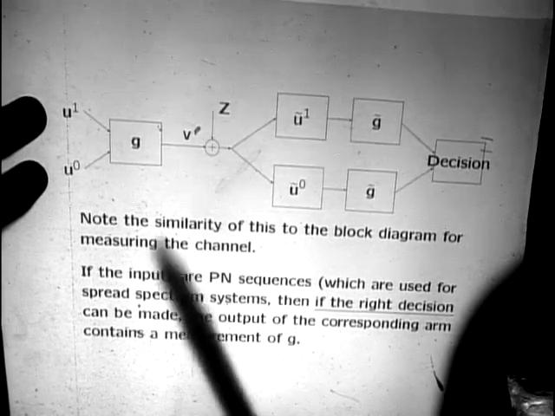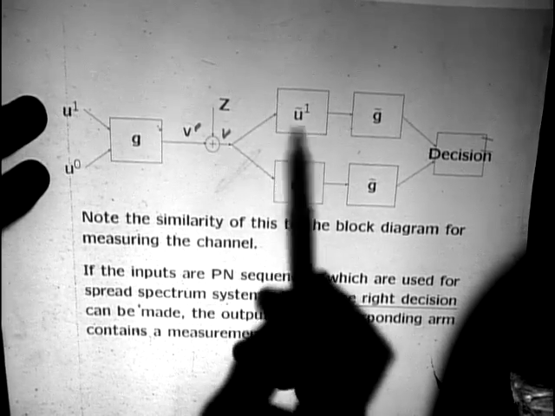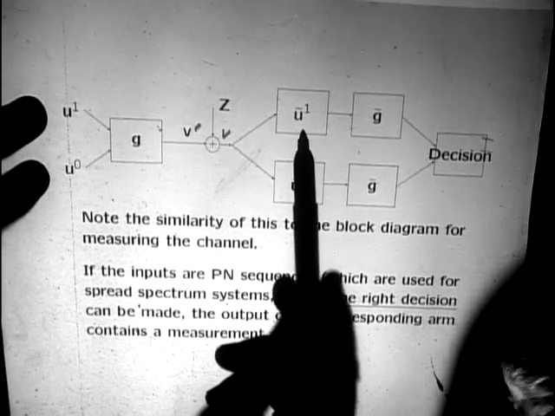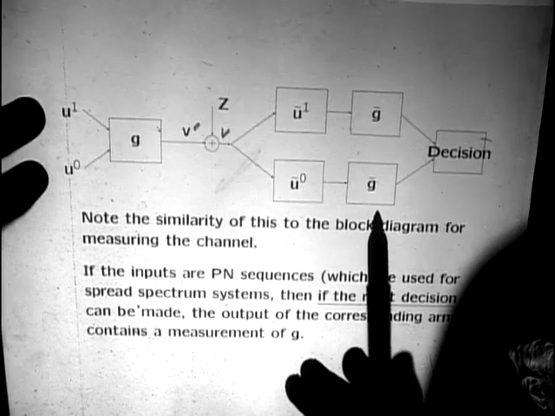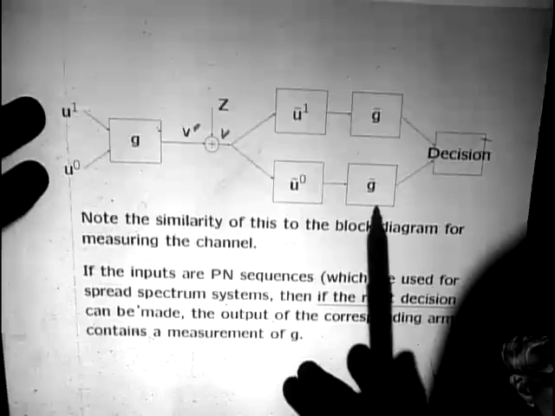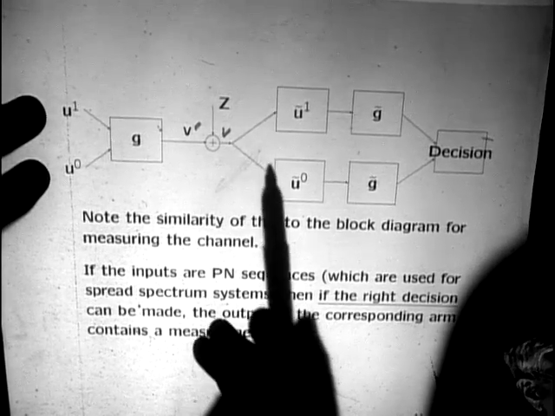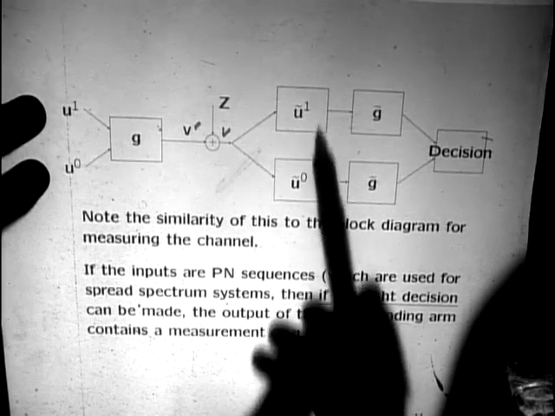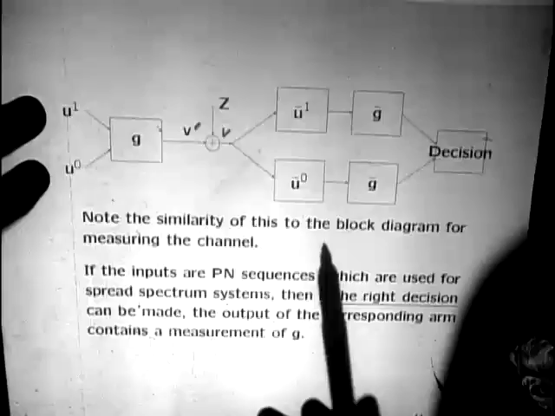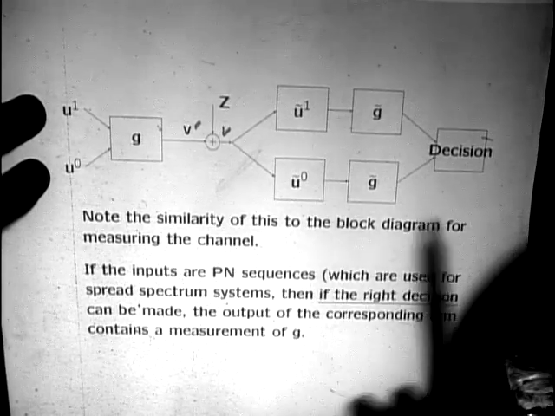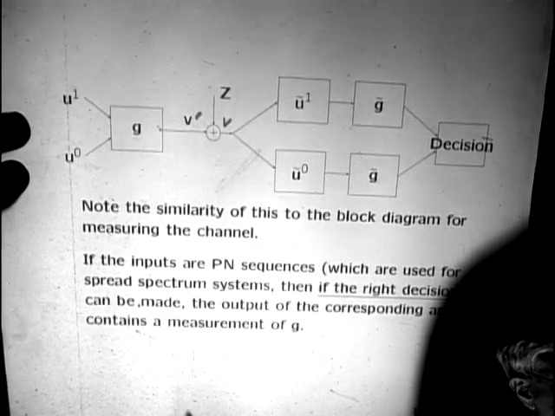We take this output V and convolve it with U1 convolved with G and with U0 convolved with G. Now, you'll all say I'm wasting stuff here because I could just put the G over here and then follow it with U1 or U0. Be patient for a little bit. I want to put both of them in, in this order, and then I make a decision here.